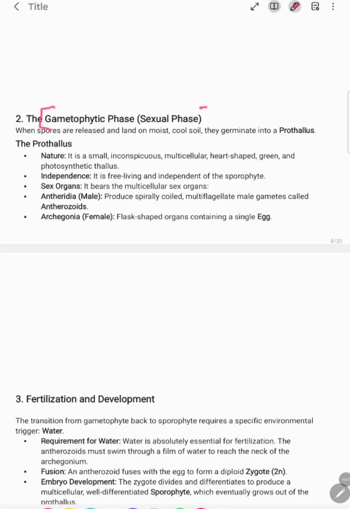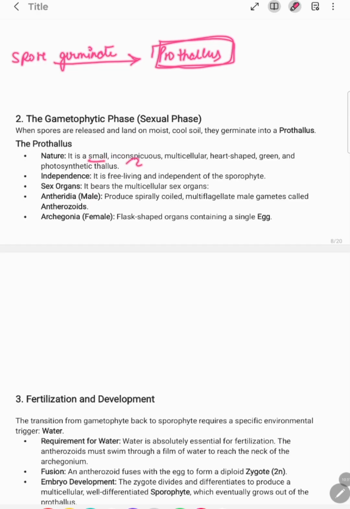See here your gametophytic phase, how the gametophytic phase starts in the pteridophytes. See, the spore germinates in the presence of a favorable environment and leads to the formation of prothallus. And what is the nature of your prothallus? It is small, inconspicuous, multicellular, heart-shaped, green and photosynthetic.